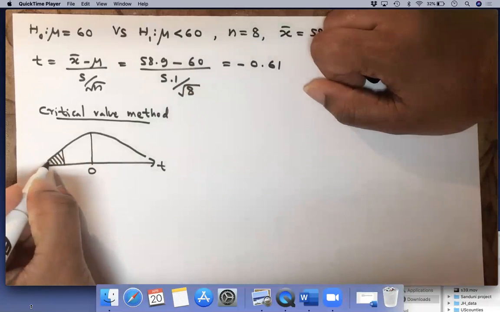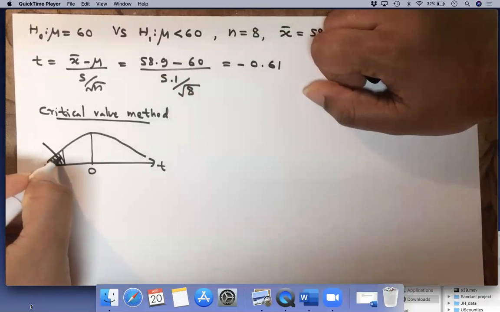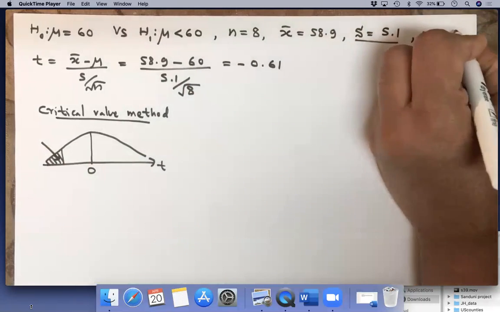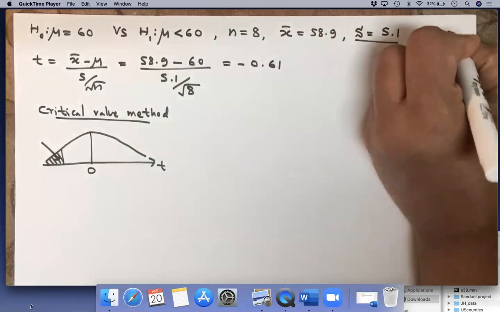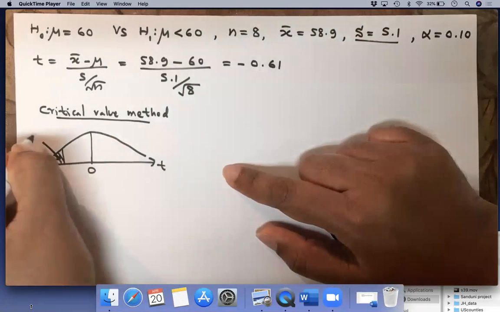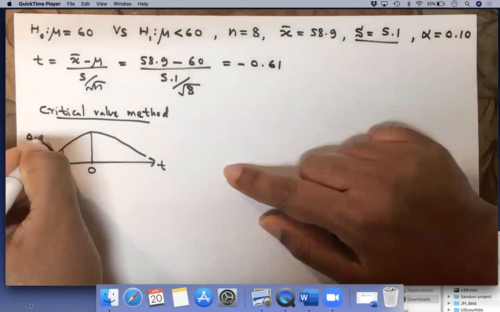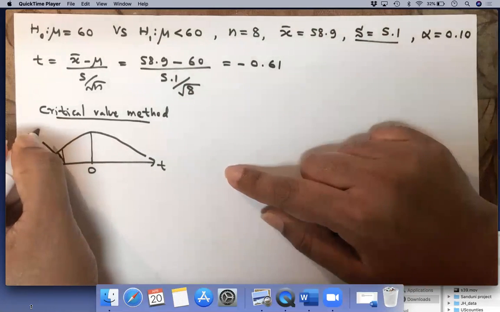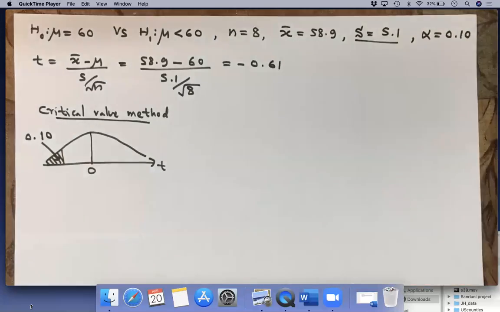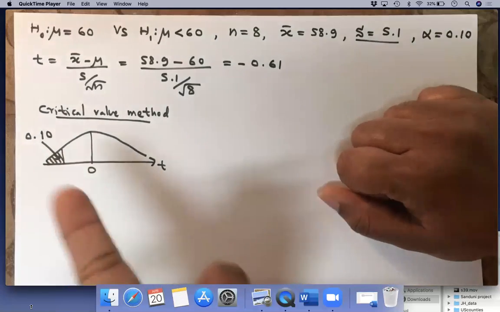So this is our critical region. Then what is the value of this region? It is our alpha significance level. Here it says alpha is 0.10. So what is the value of this area? 0.10.